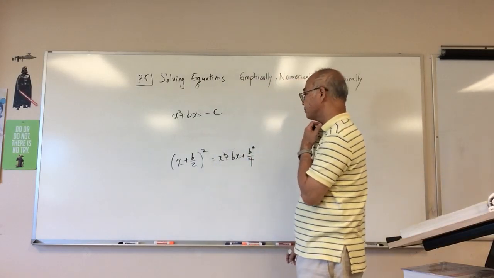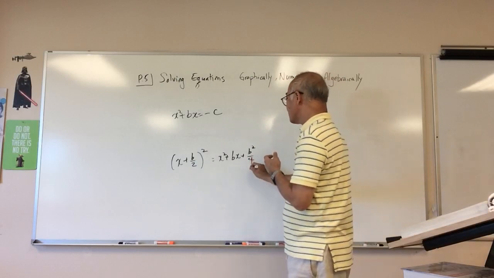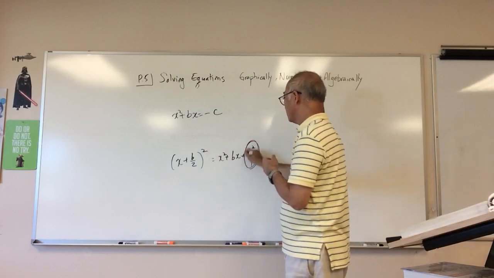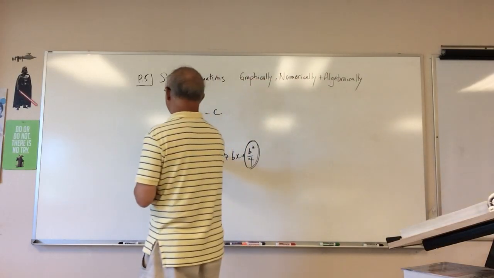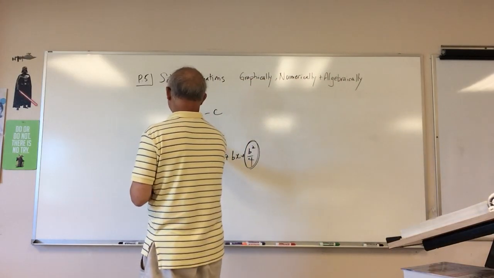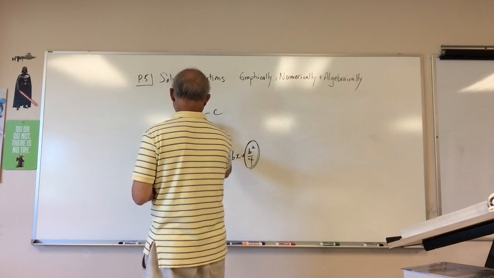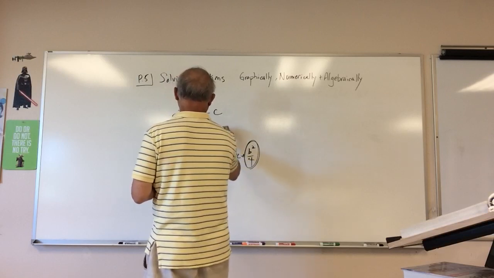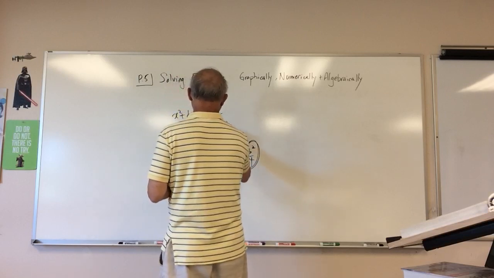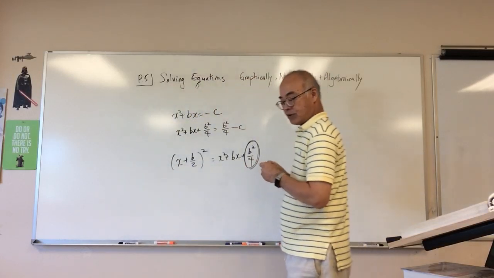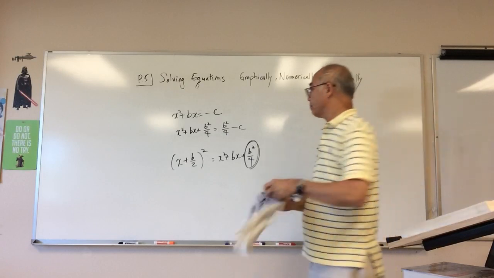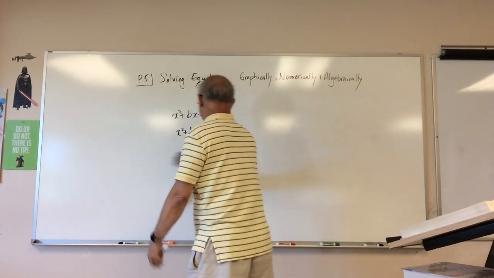So what am I missing? I'm missing this term here, so I'm going to add it to both sides. I'm going to go x squared plus bx plus this term. That's what it's going to look like. So now what do I get?